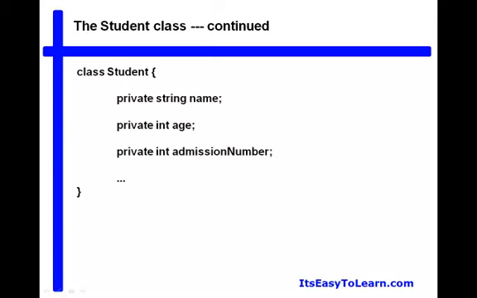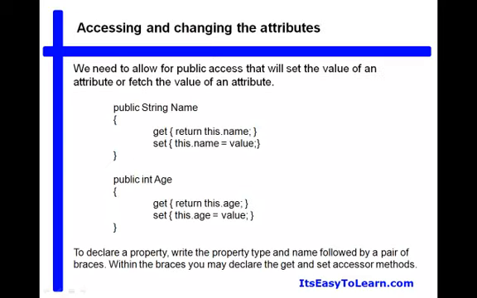Similarly, we had a private attribute of type int denoting the age, and a private attribute of type int denoting the admission number. Then we allow for public access using a specialized structure called the property in C#. We define the property type and define the name. We have a set of curly braces, and within the braces we have the get and the set values.